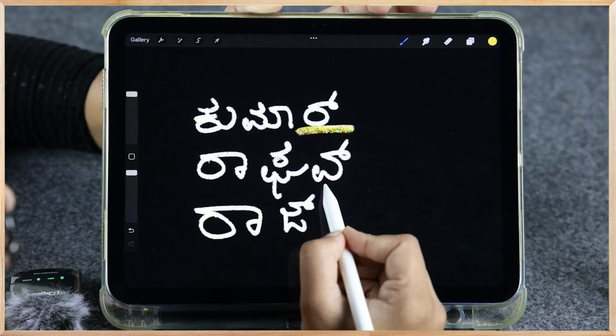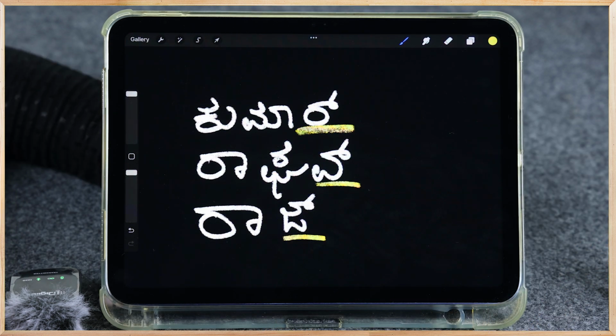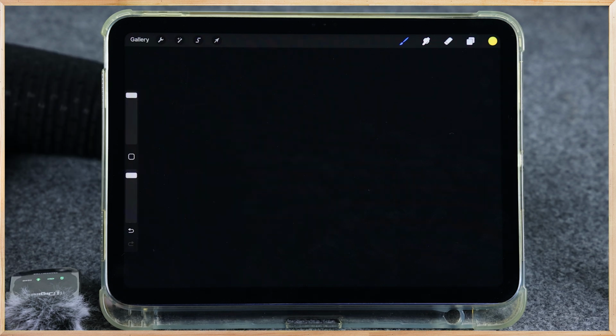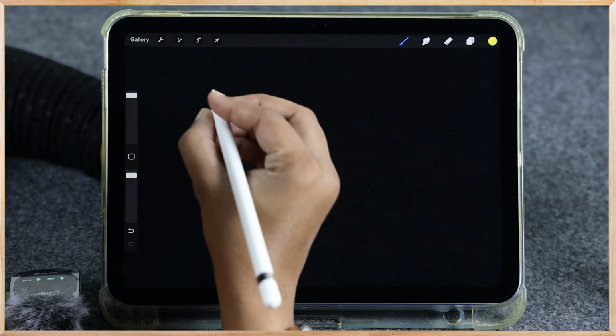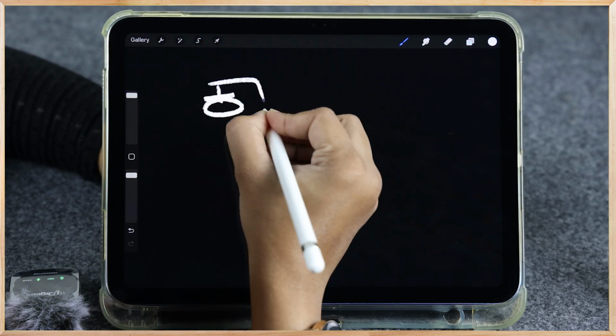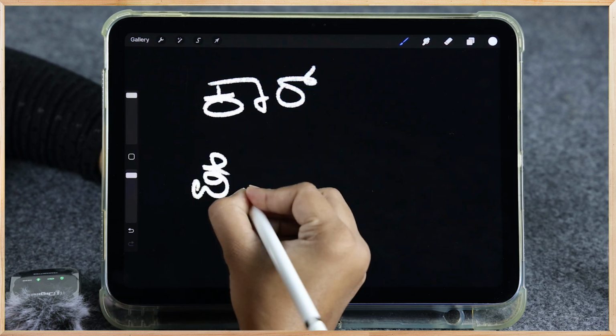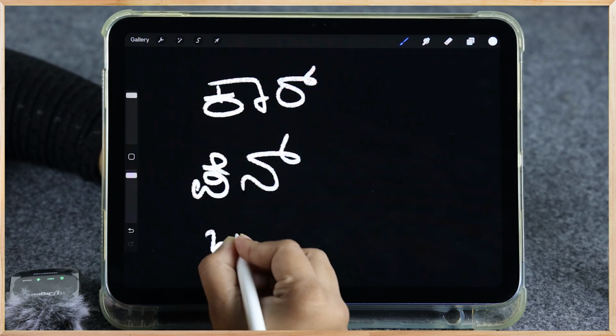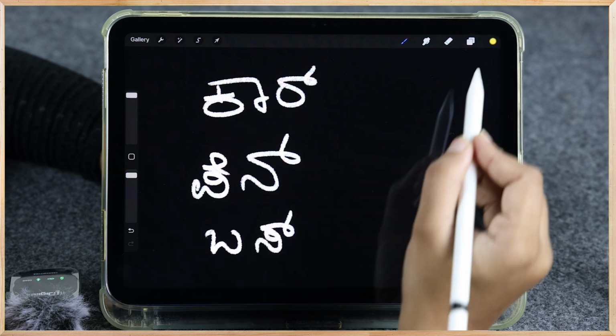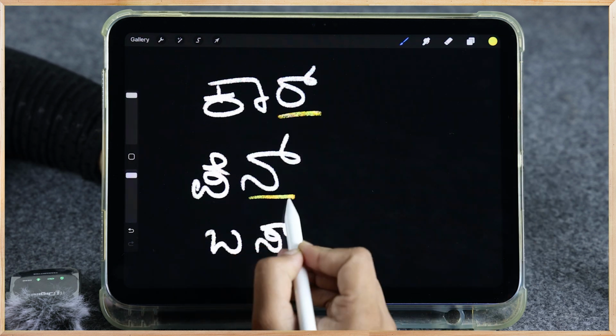Please observe that the last letters are pure consonants and it occurs only with proper names. Next, we see pure consonants in borrowed words such as car, pen, bus. Please observe that the last letters here are pure consonants.